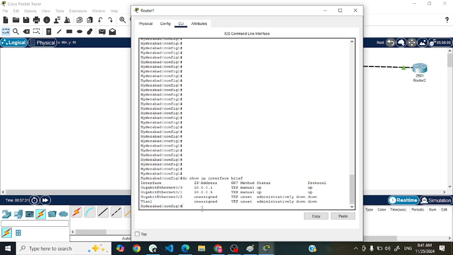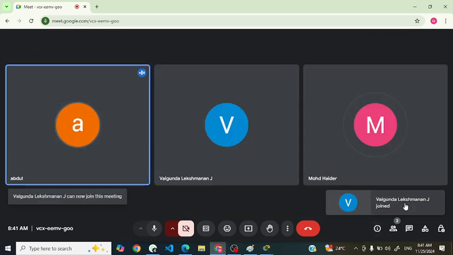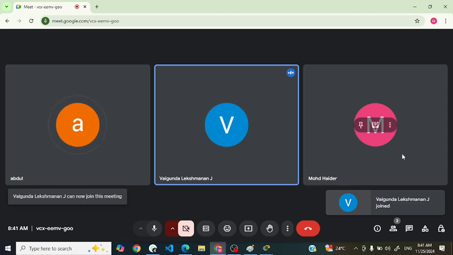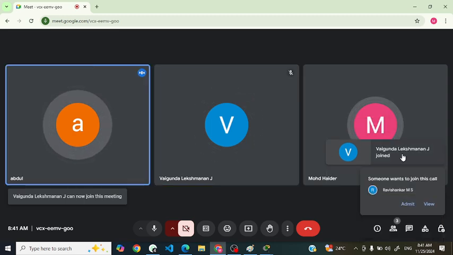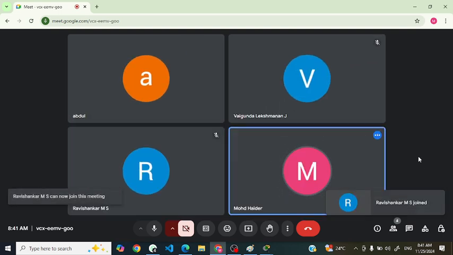Try to do all the practicals on EVE only. For EVE, you have to install VMware Workstation first of all.